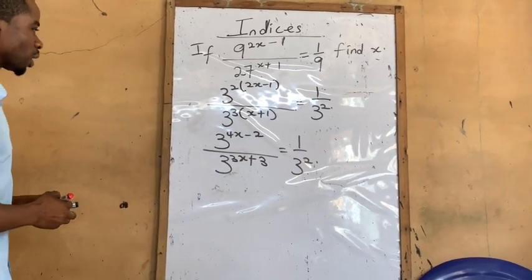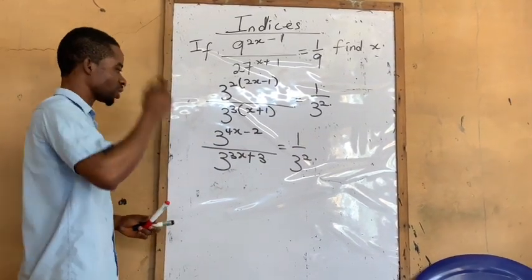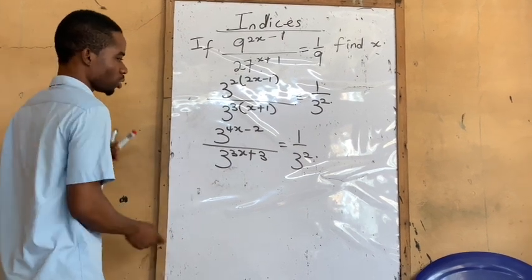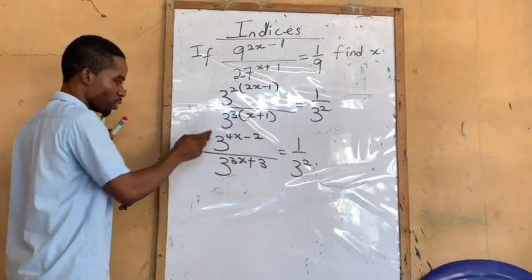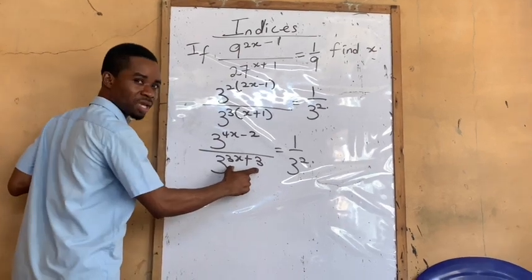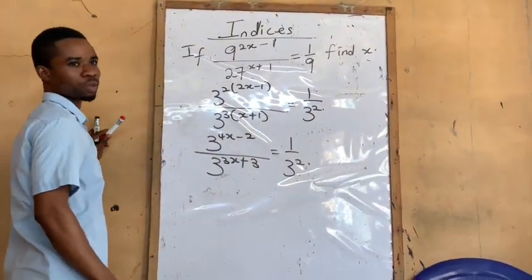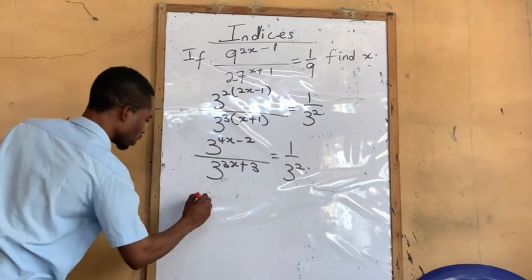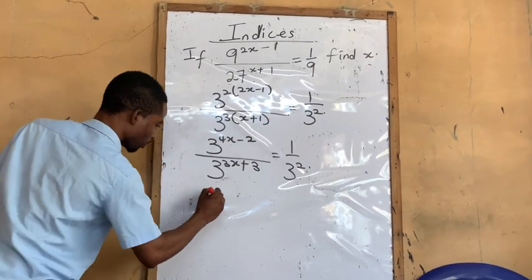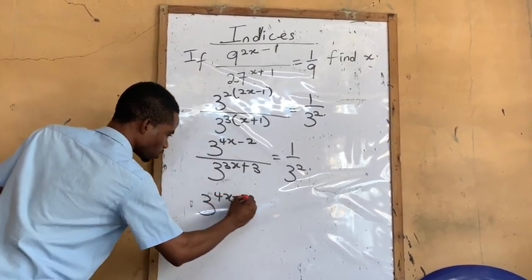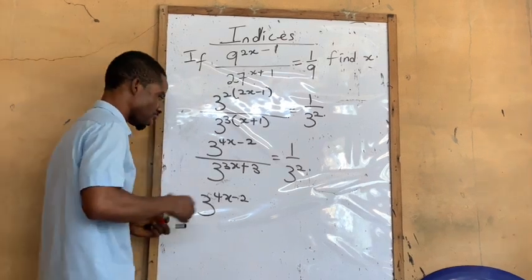So after you've done that, according to the law of indices, I say divisional law, you are having the same base. That means the power that is here, you will bring them up when you are having the same base. So write the 4x minus 2 first.